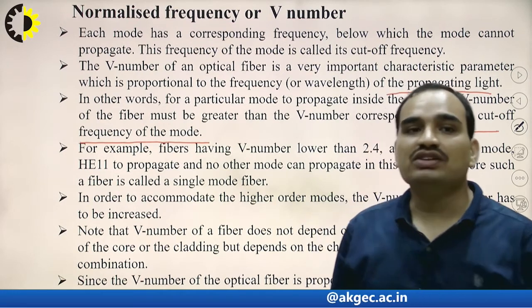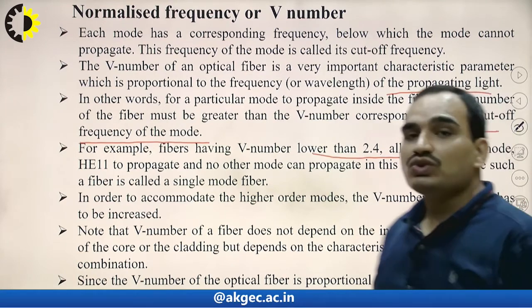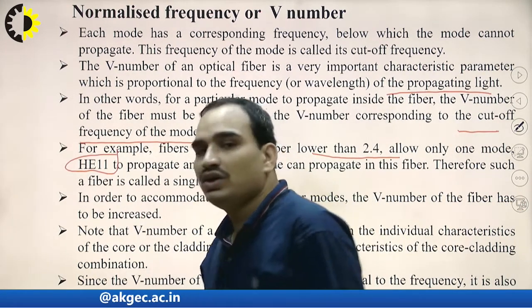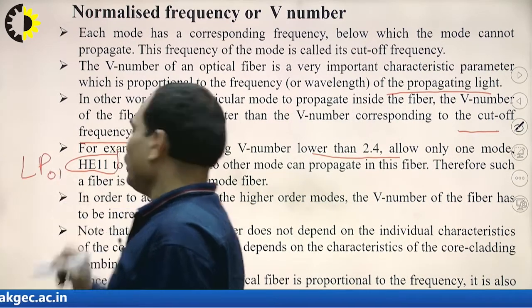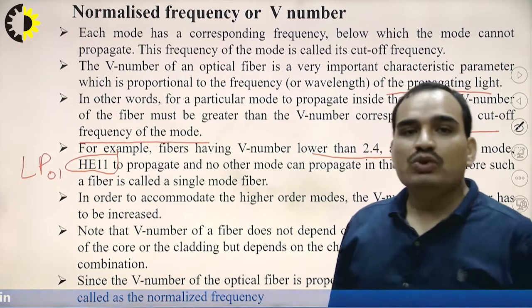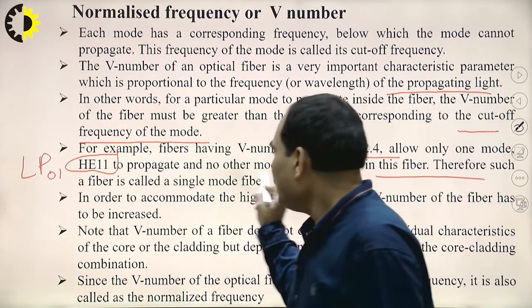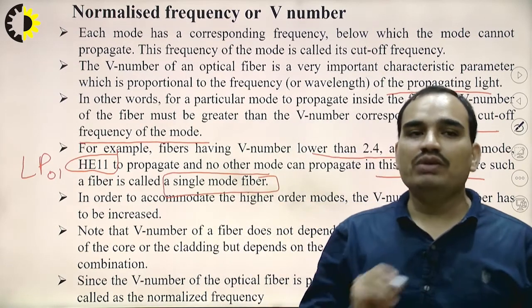For example, a fiber having a V number lower than 2.4 allows only one mode, that is the HE11 mode, also known as the LP01 mode. No other mode can propagate in the fiber, therefore such a fiber is called a single mode fiber, because it propagates only one mode at a time.